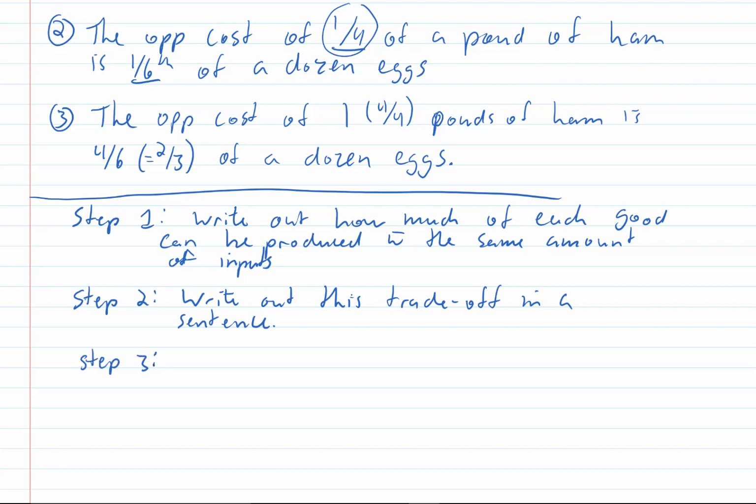Step 3 is simply to simplify the sentence in step 2 to get the requested or the asked for opportunity cost.